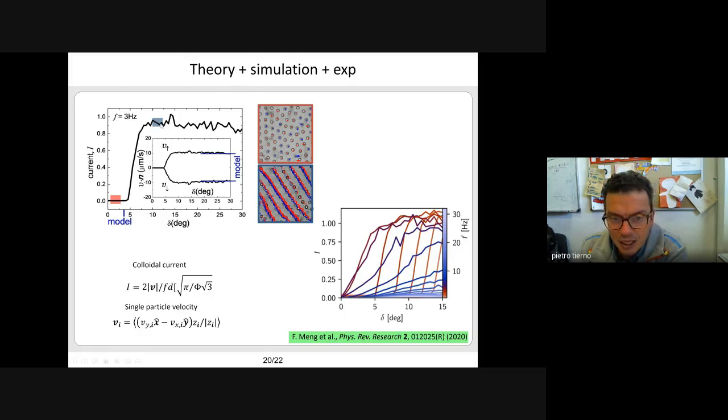The experimental data are the red and blue lines, where we assume the system is the same: the frequency, the amplitude, everything. The only thing that we do not control experimentally is the tilt angle, but we do it numerically.